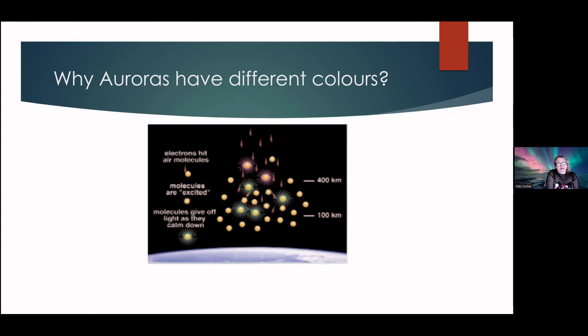Electrons and other particles too, not only electrons, hit the air molecules, and the molecules get excited. It means that the oxygen, hydrogen, nitrogen, carbon, and other atoms or molecules have electrons going around the protons, and those electrons are lifted up to a higher energy orbit, but they cannot stay there, and when they jump back, this is when light is emitted.